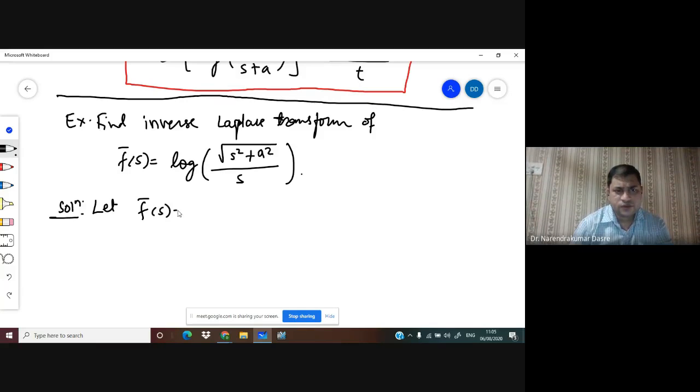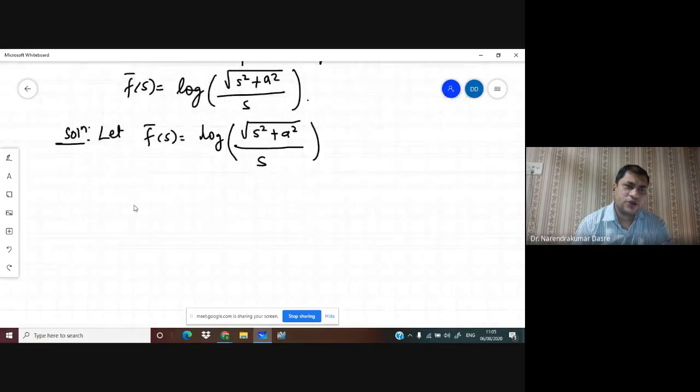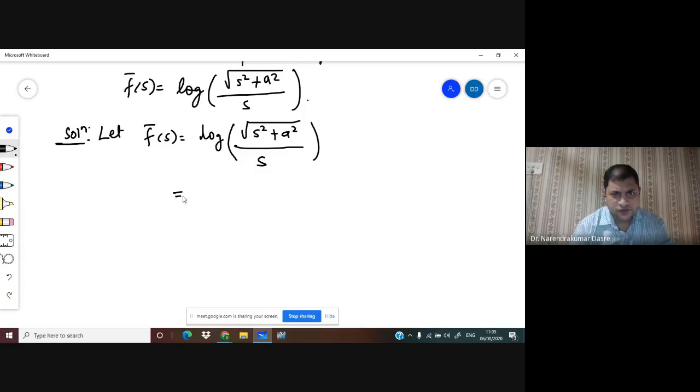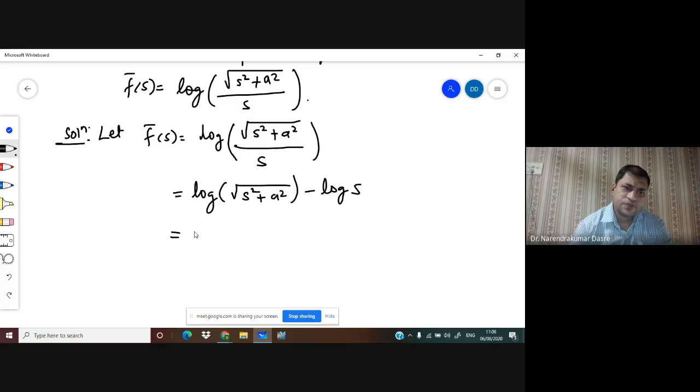Let f bar of s be equal to log of root of s square plus a square upon s. As I said, don't be in a hurry. First simplify this function and then find the derivative. So log of root of s square plus a square minus log s.